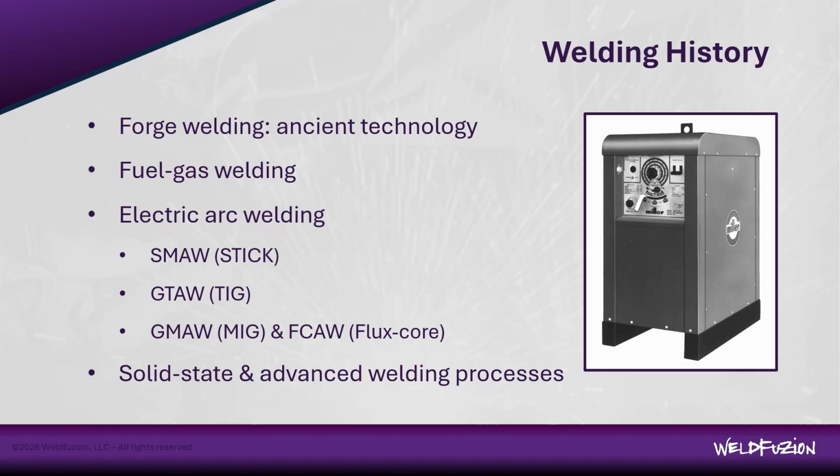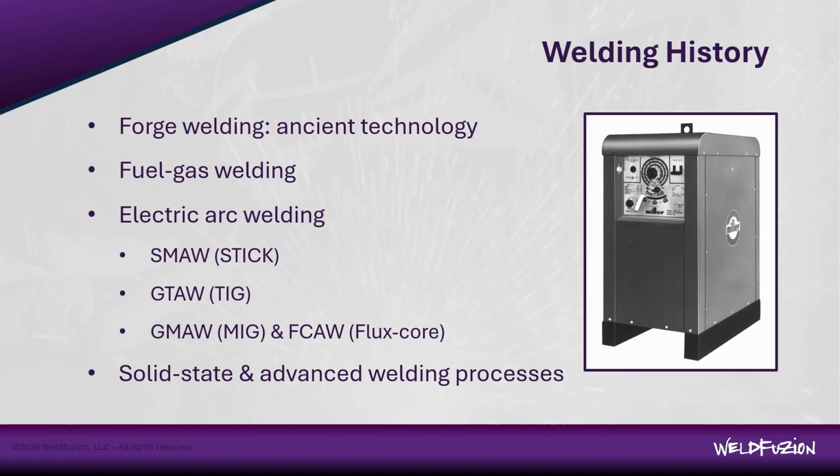In the late 1800s and early 1900s, there was a need to join new metal alloys with good mechanical properties in a timely fashion. In the early 1900s, welding was largely oxyacetylene for thin sheet metal components and electric arc welding, a predecessor to shielded metal arc welding, what's more commonly known as stick, that was used for thicker, more structural materials.